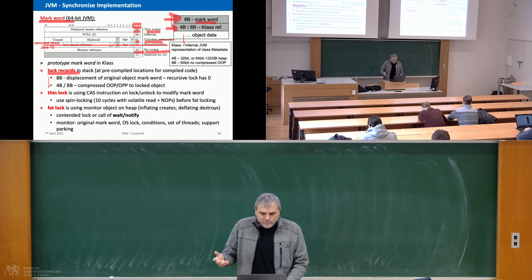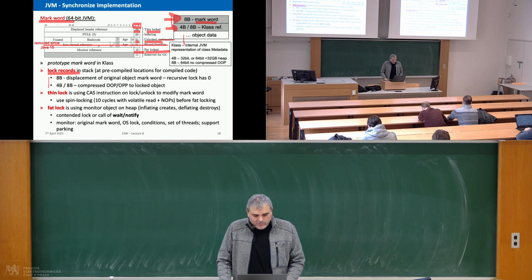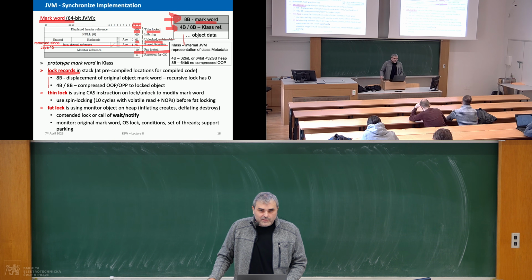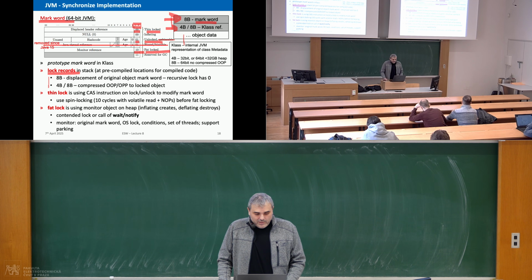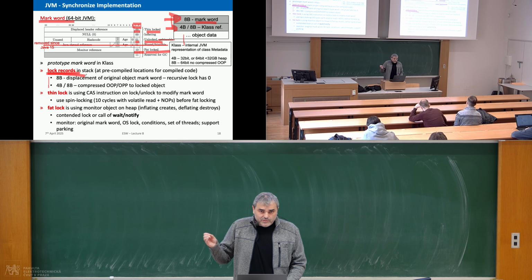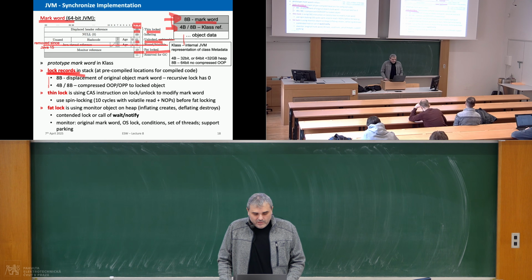There is the value from the original mark word, and also a pointer to the object which is locked. That's the way that, if you do debugging, the debugger knows this thread is owning this lock or is pending acquirement of this lock. That's why it uses these lock records in the frames and knows which object on the stack is currently locked by this thread or not.